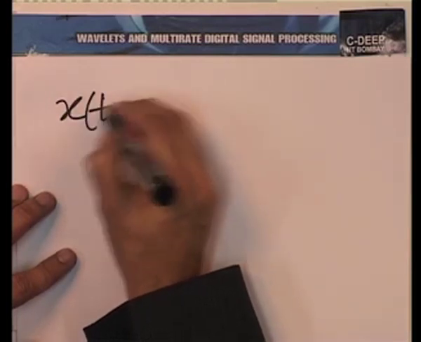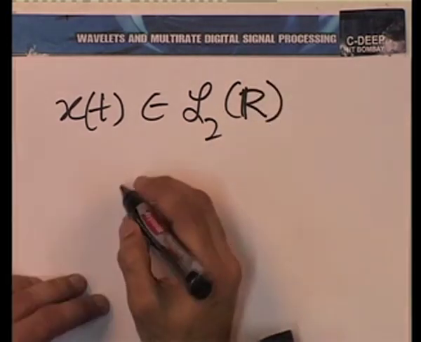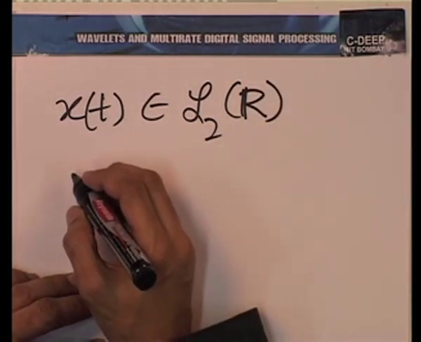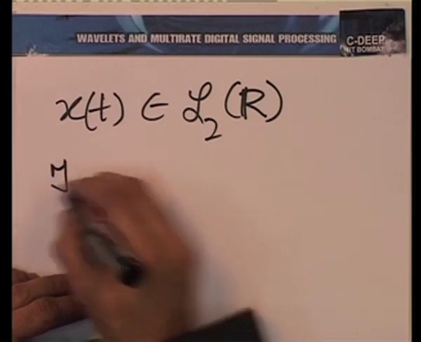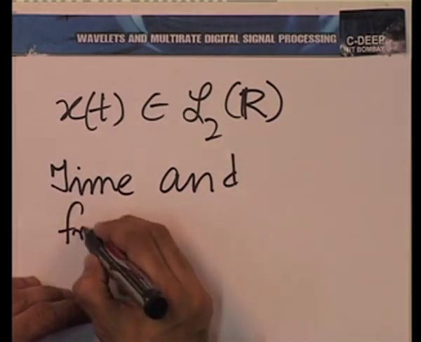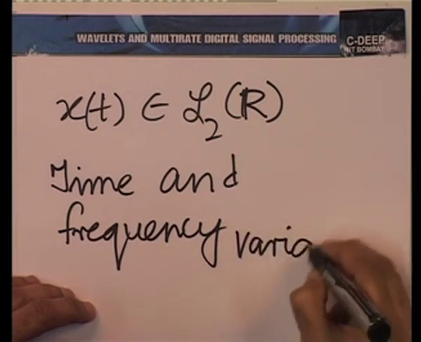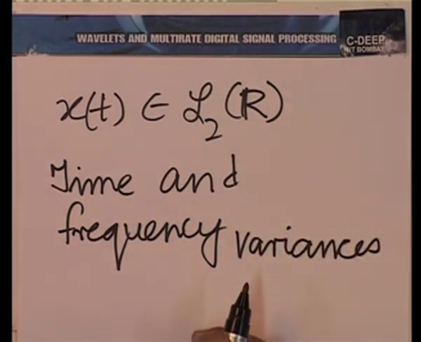Last time, we had agreed to confine ourselves to a function x t belonging to L2R, and we said we could define its time and frequency variances. In fact, the time variance was first defined by choosing what is called the time center.